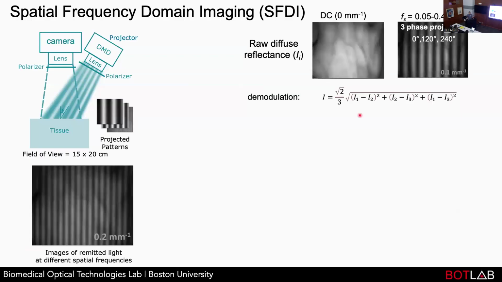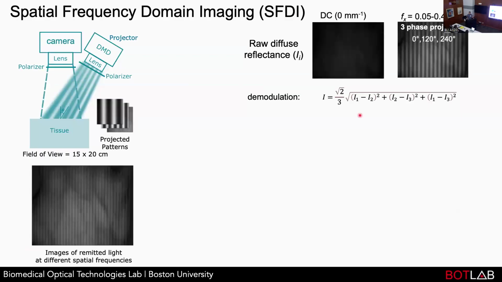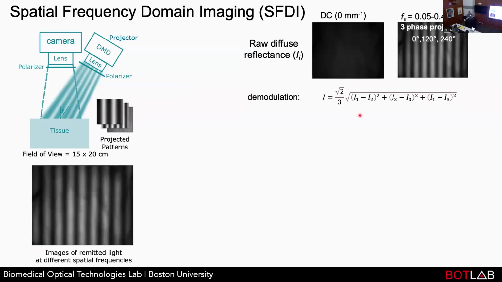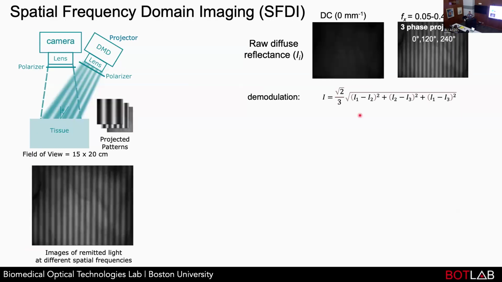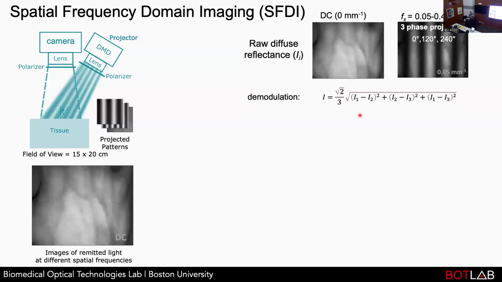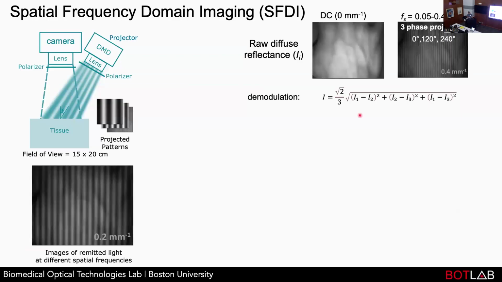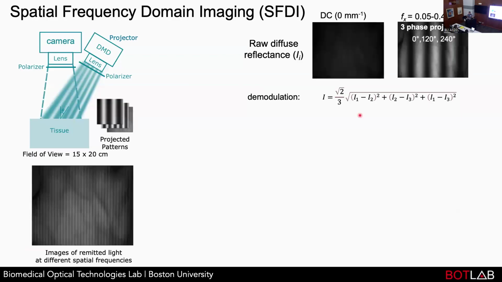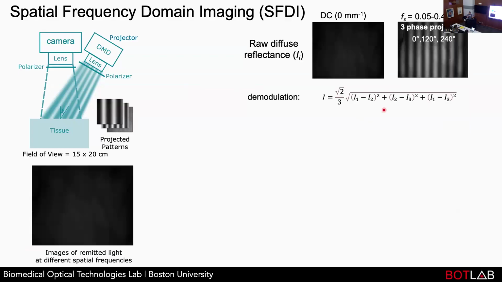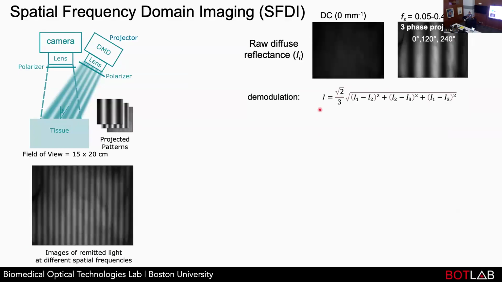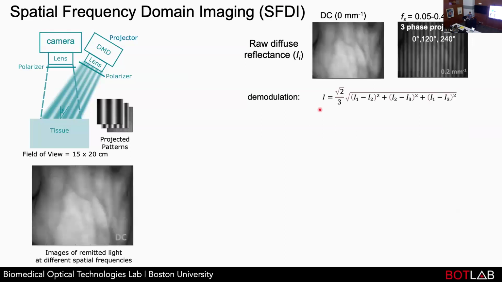What we want to know is how the tissue is modifying the modulation of that pattern. Is it diminishing its amplitude? You could theoretically measure how it shifts the phase of that pattern, but that's a difficult actual measurement to take. So usually we just measure the amplitude change. And to get that, you want the envelope of that pattern. You can use this demodulation equation. I'll show you more about that on the next slide.